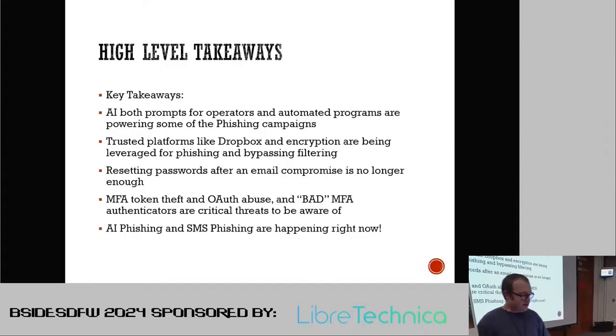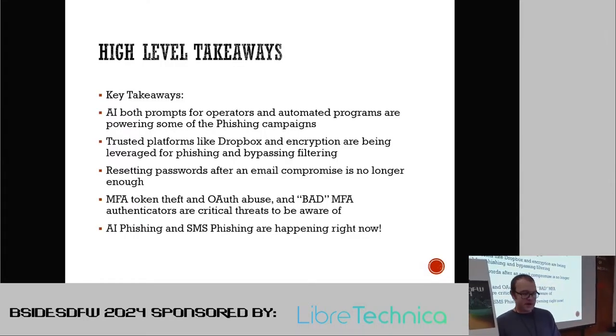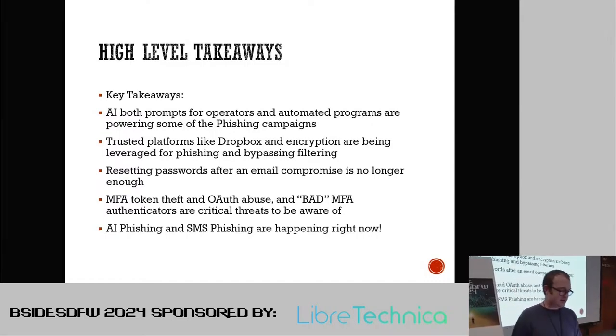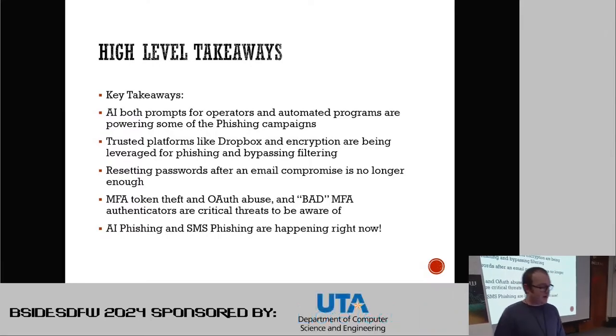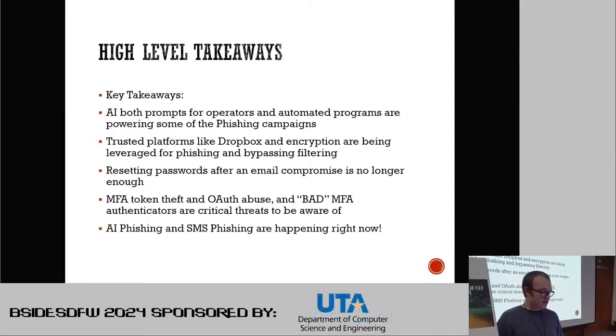High level takeaways. AI, just using the prompts and allowing the operators to interact more efficiently with conversations, is powering some of these phishing campaigns right now. Automated programs, we know they exist. We've seen them out in the wild. We know the commercial people have them. Dropbox and encryption.